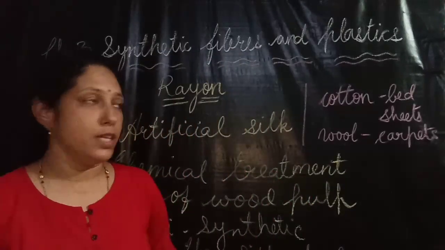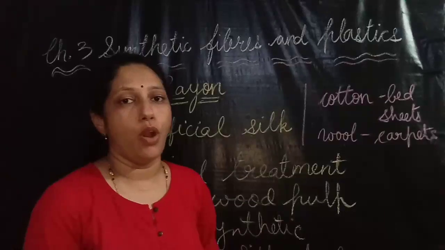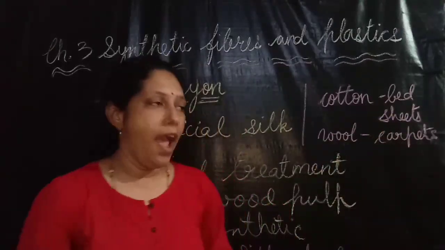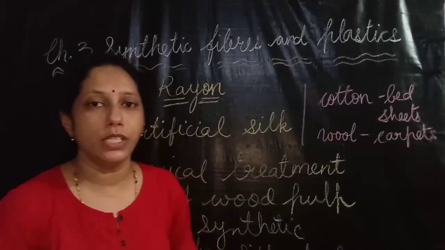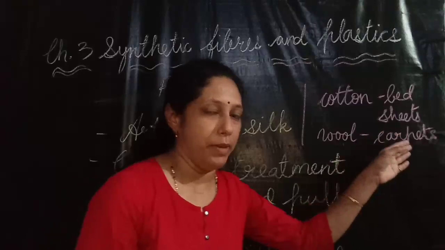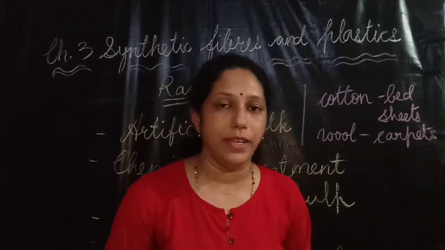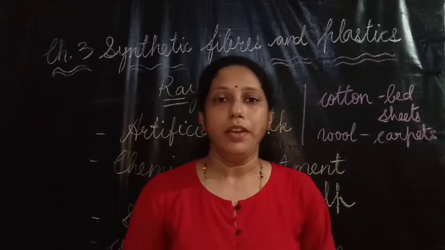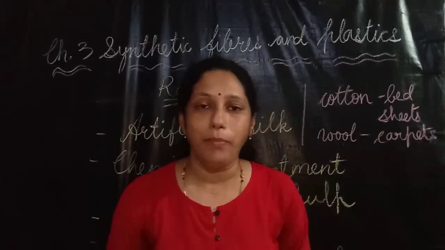These rayon fibers, when they are mixed with cotton, are used for making the bed sheets, and when they are mixed with the wool, they are used for making the carpets. This rayon is used for making the apparels like suits, ties, scarves, etc. This rayon is resembling the silk.